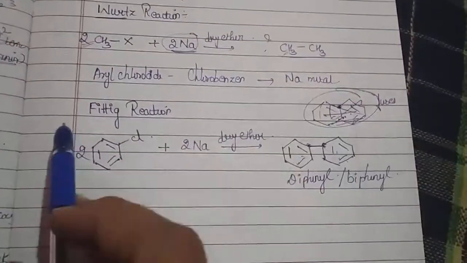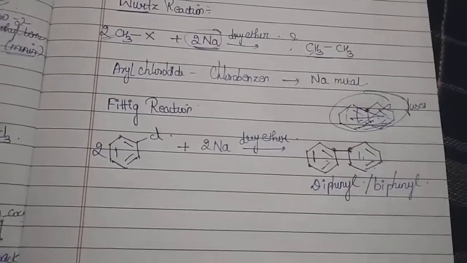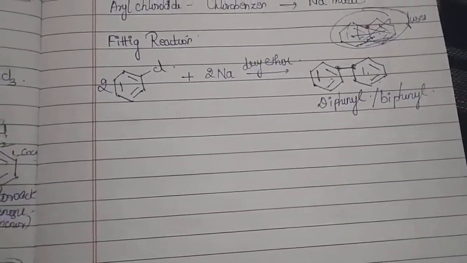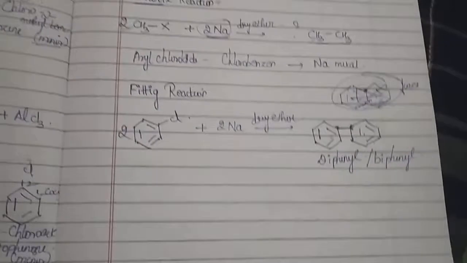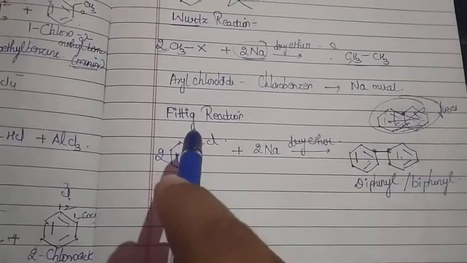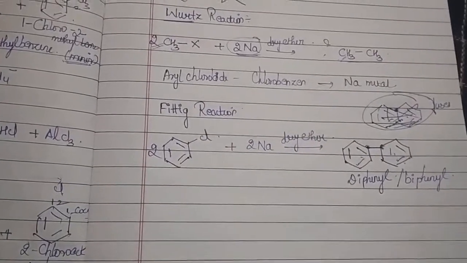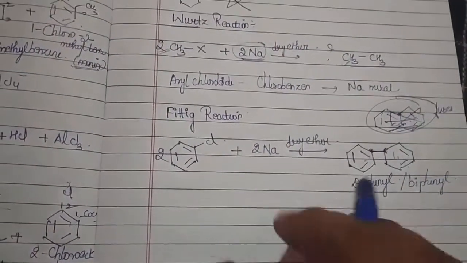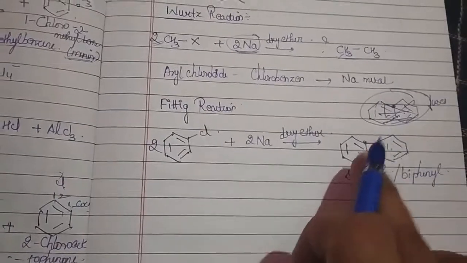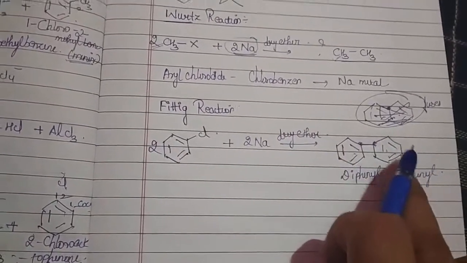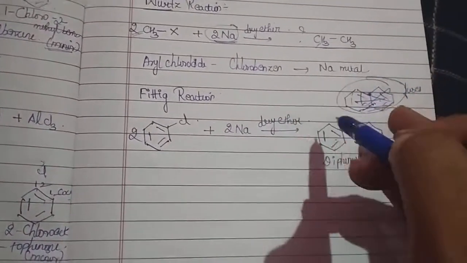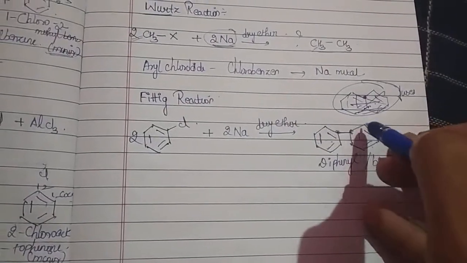So such a reaction is called as what? Fittig reaction. So how can you mention this Fittig reaction? What is Fittig reaction? When aryl halides are treated with sodium metal in dry ether, it gives a product in which 2 aryl groups are joined together.